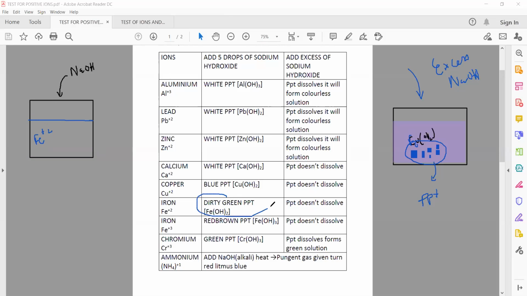And what is the observation when iron 2 hydroxide is formed? This will be... how you will know that in excess it will dissolve. Actually, you have to memorize this table. You have to learn this table.